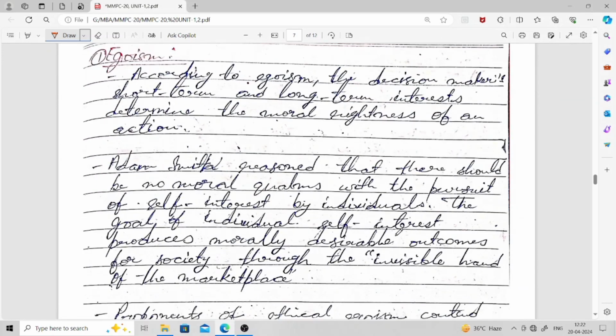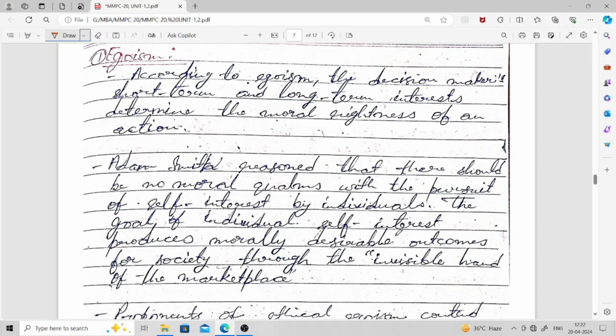Now egoism. According to egoism, the decision makers' short-term and long-term interest determine the moral rightness of an action. Whatever the short-term and long-term interest of the decision makers is, that determines the moral rightness of an action.